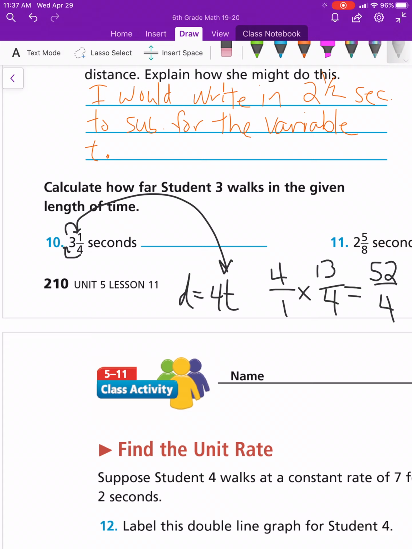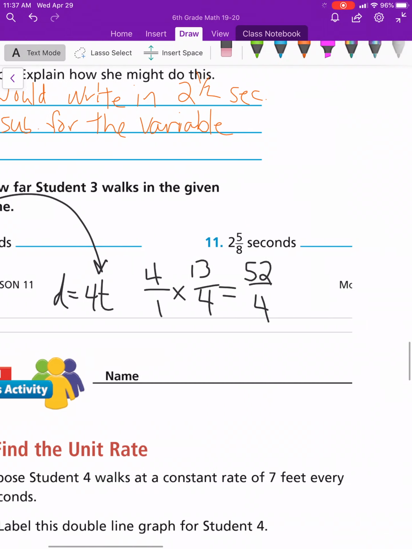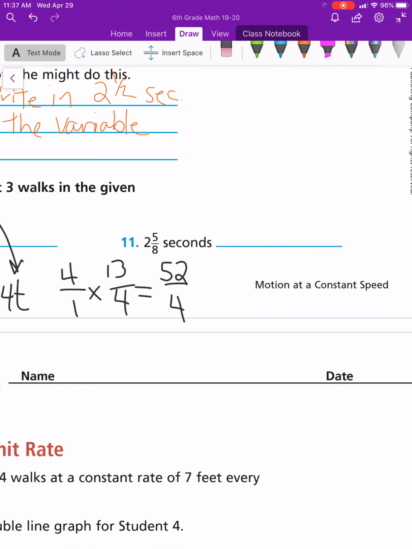Simplified, how many times does 4 go into 52? It goes in 13. Hold on. This is hard mental math for me, so I'm going to write it out. 4 goes into 5 one time. I'm left with 1.